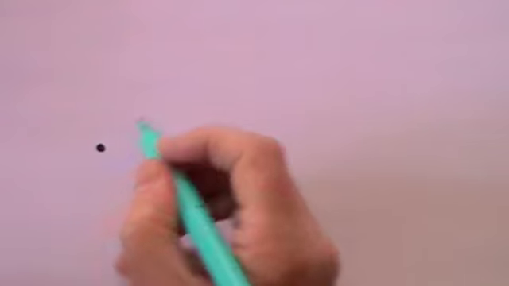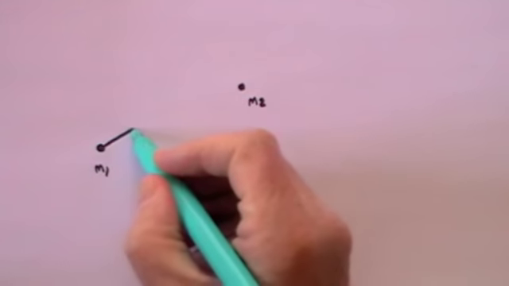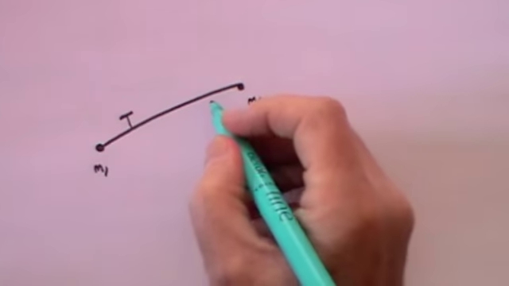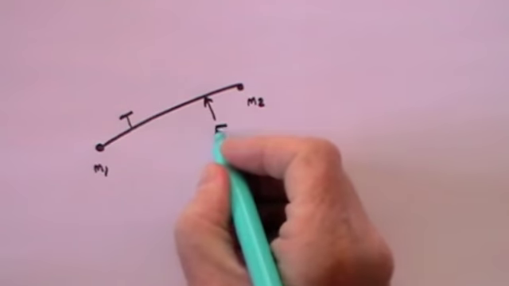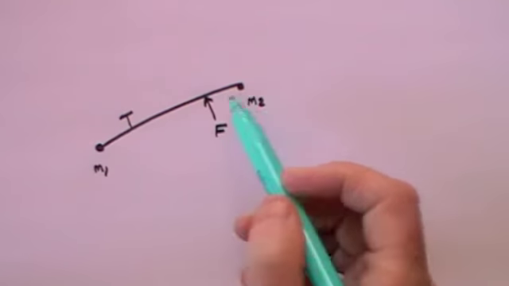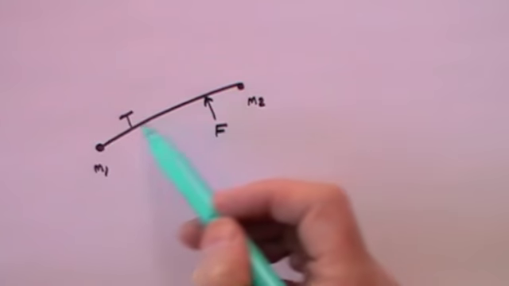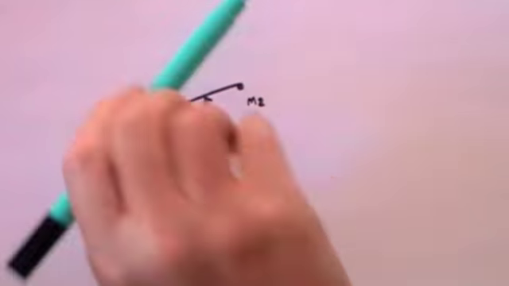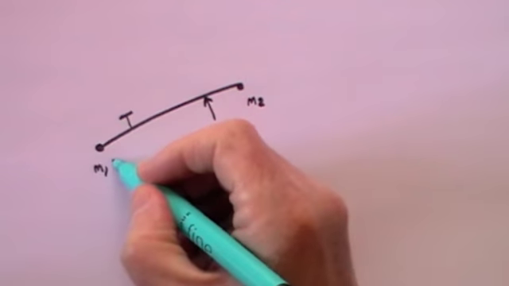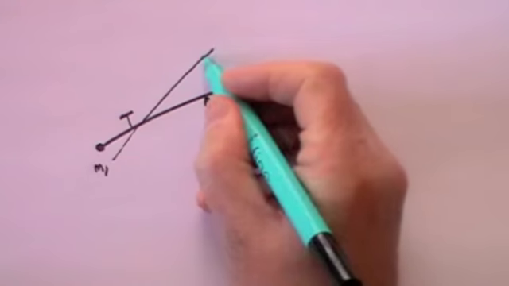Suppose two masses, m1 and m2, are connected by a metal rod and are pivoted at this point here. In other words, we put a pin through the rod and the whole thing can swivel around this point. And suppose I apply a force perpendicular to the rod at this point here. There's my force. What will happen is this rod with the masses at the end will swivel about that point, and so it will end up something like this.